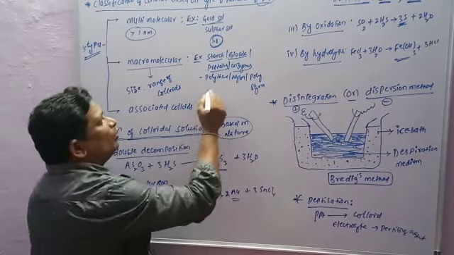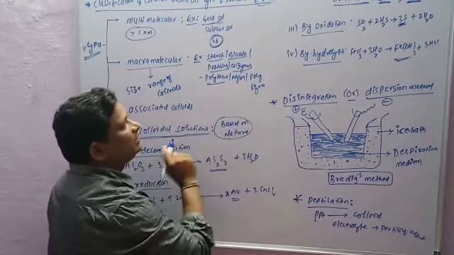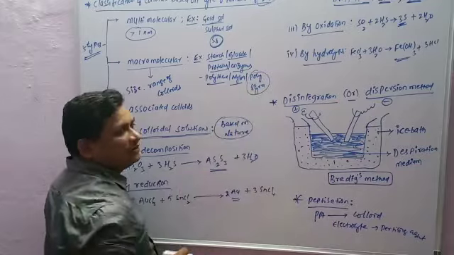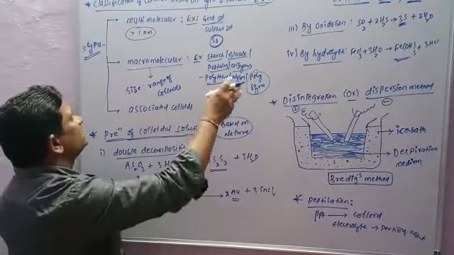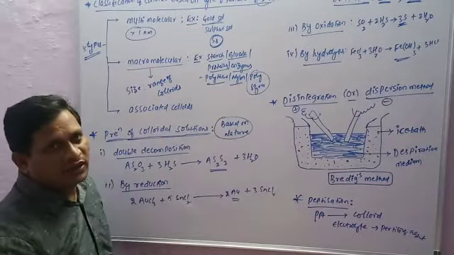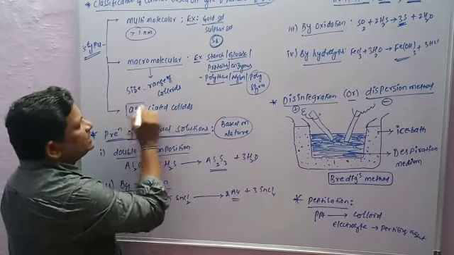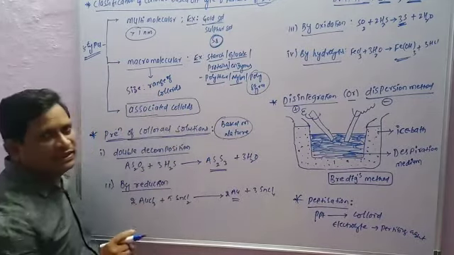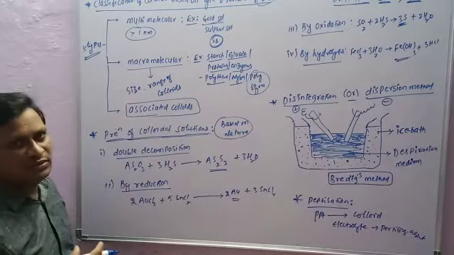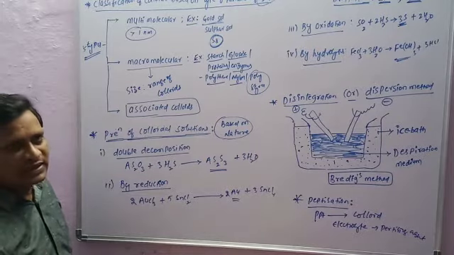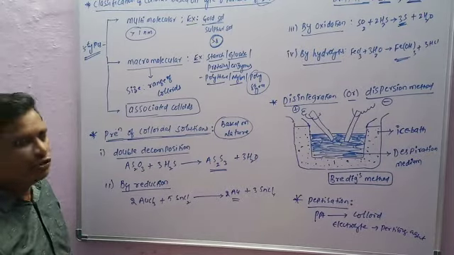Polythene, nylon, and polystyrene are examples of macromolecular colloids. Then another one is associated colloids. The brief information of associated colloids will be discussed in a coming topic.